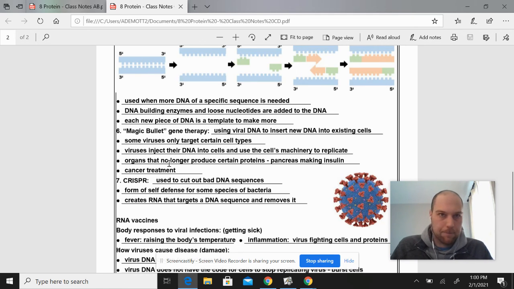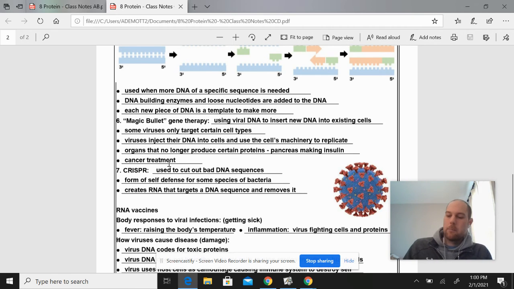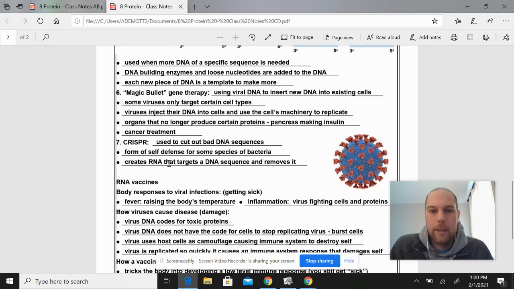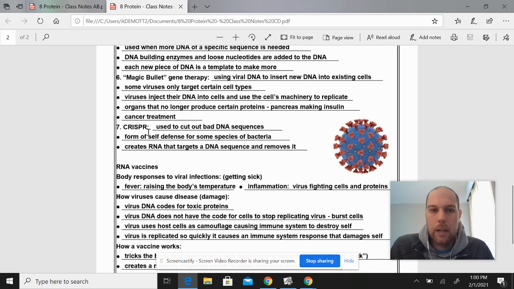It's more complicated than what I'm making it seem, but it's basically just using viral DNA to try to jumpstart certain processes in your body.